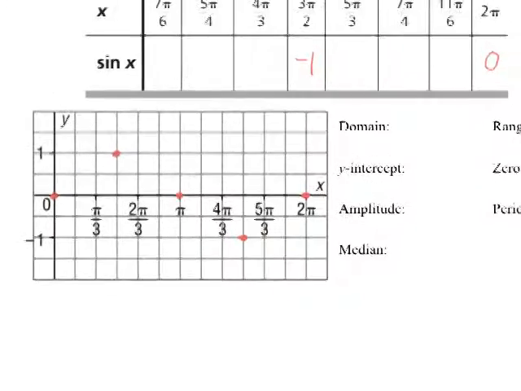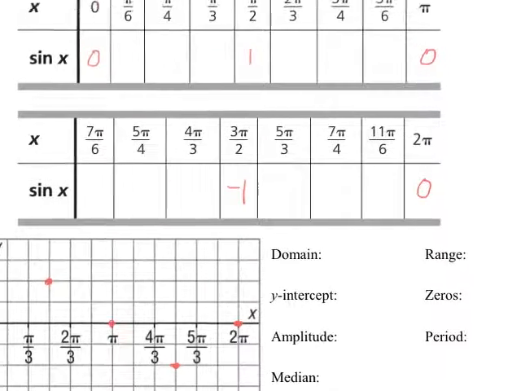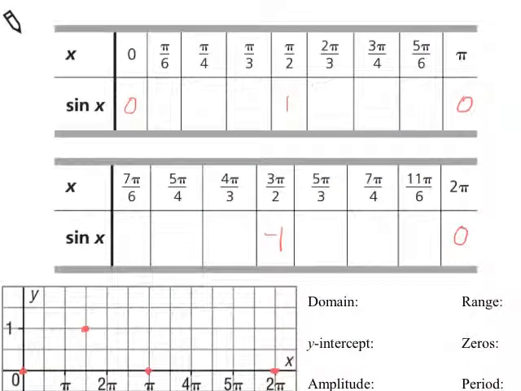So let's look back at our table for a moment. The sine of pi by 6 is 1/2. And the sine of 5 pi by 6 is also a half. The sine of 7 pi by 6 is negative a half, and the same with 11 pi by 6.